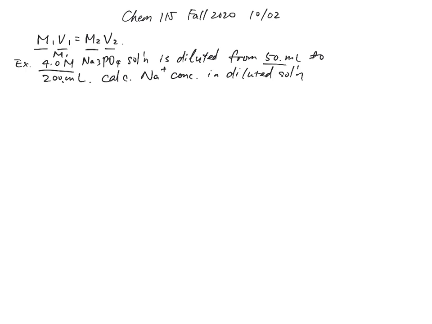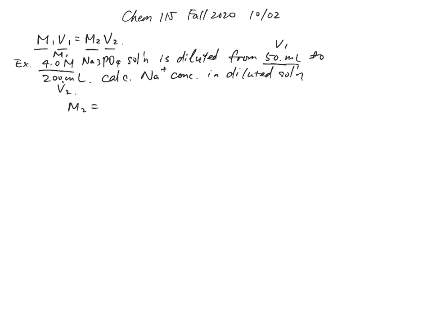I had 50 milliliter of that 4.0 molar solution, so this is my V1, and it is diluted to 200 milliliter, the new volume V2. Out of these four things, M1V1, M2V2, I know three of them, so I should be able to calculate M2.